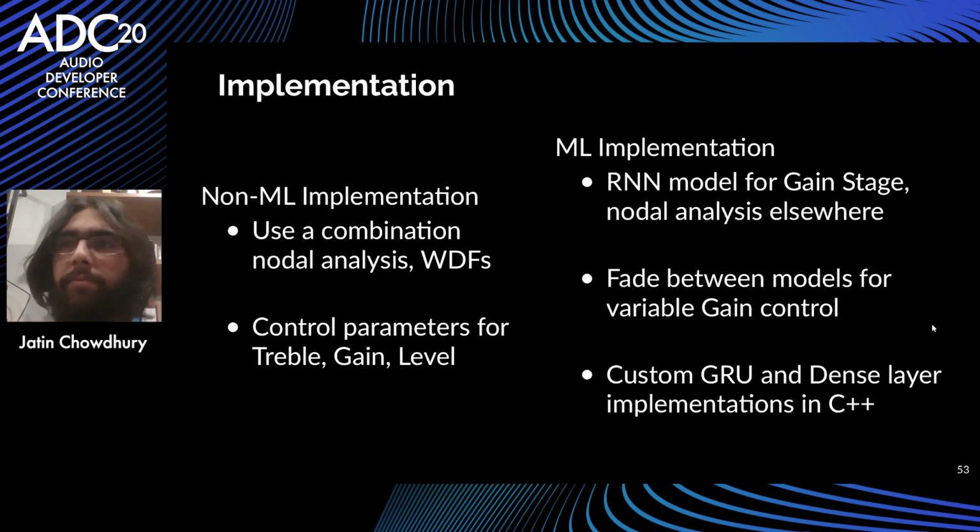And then for the gain parameter, as I mentioned, I had to fade between different models for this gain control. So for actually running this RNN in real time, I ended up having to write my own gated recurrent unit and dense layer implementations that I could use from C++ and from JUCE or generic C++ code.